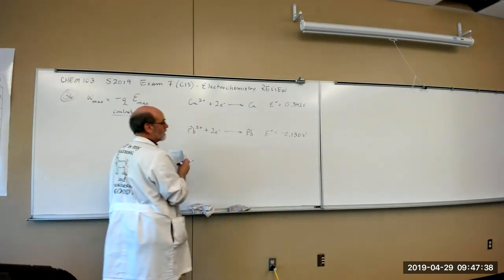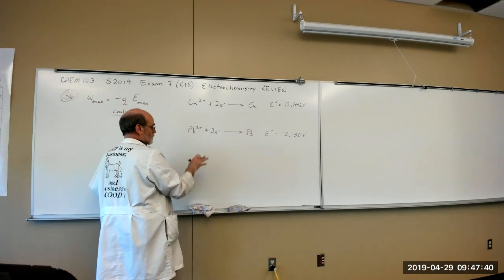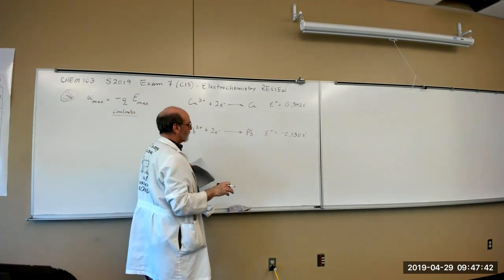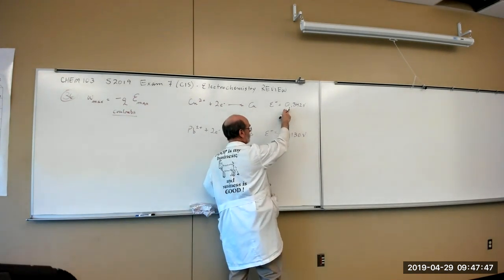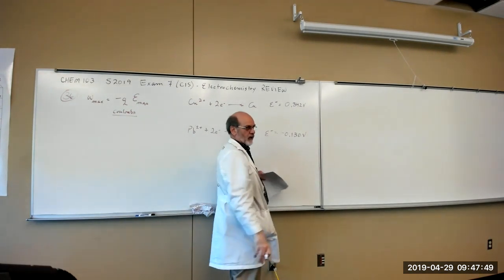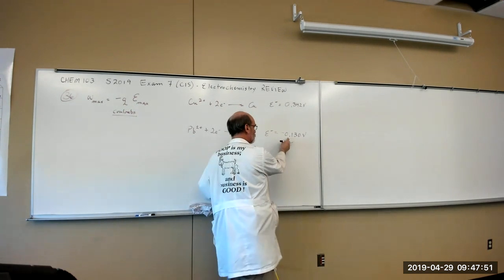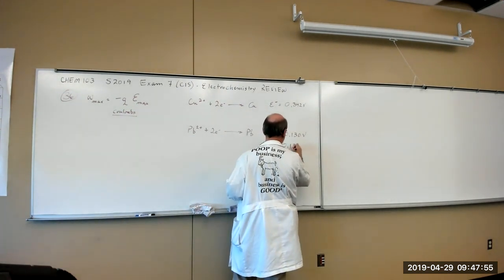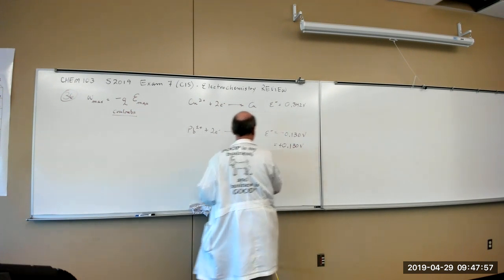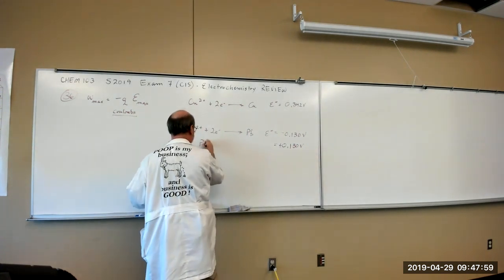Now we got to decide which one's cathode and which one's anode. If we make this one negative, the anode, we get a negative number, it's non-spontaneous. So we have to change this one. So this one's going to be positive, and then we have to write it this way.